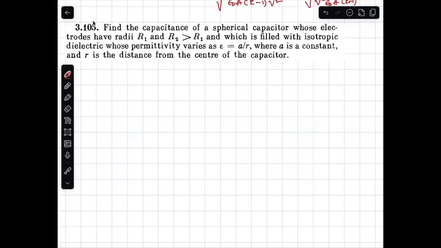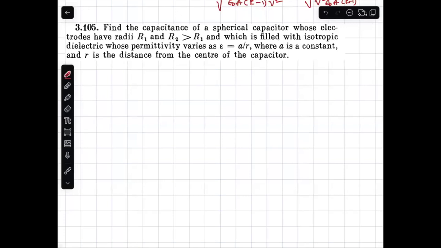Following from yesterday's class, we are continuing Irodov problems again. Look at 3.105.